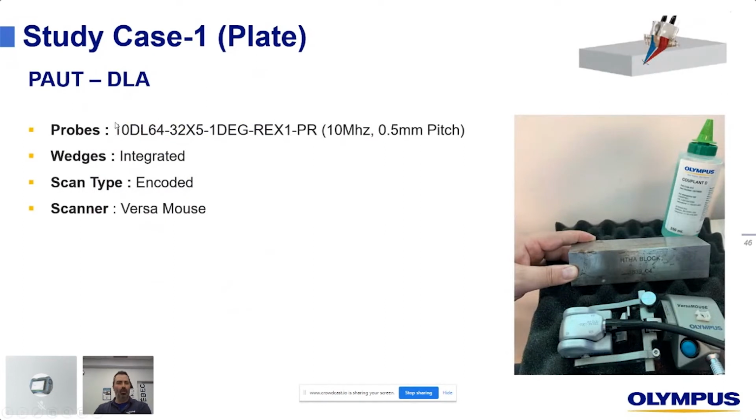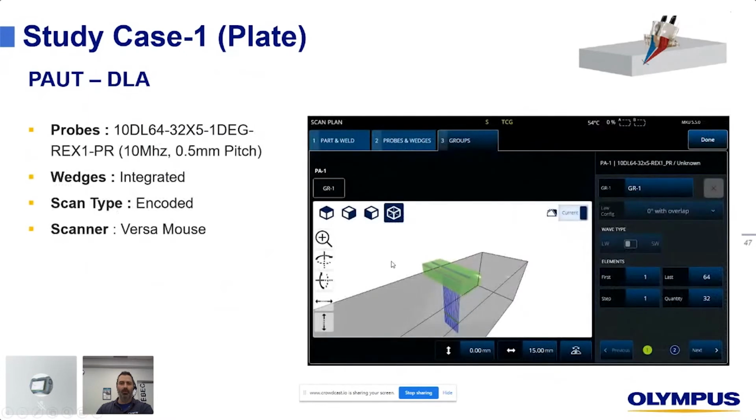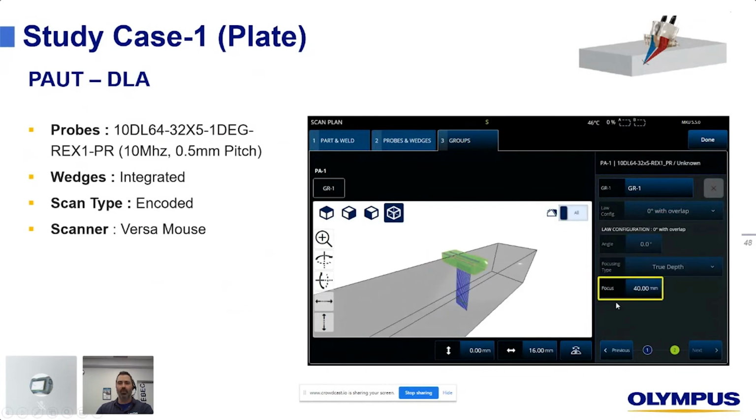Moving on to phase array with the DLA probe, using a 32 element aperture and the full length of the probe, focusing at 40 millimeters deep.